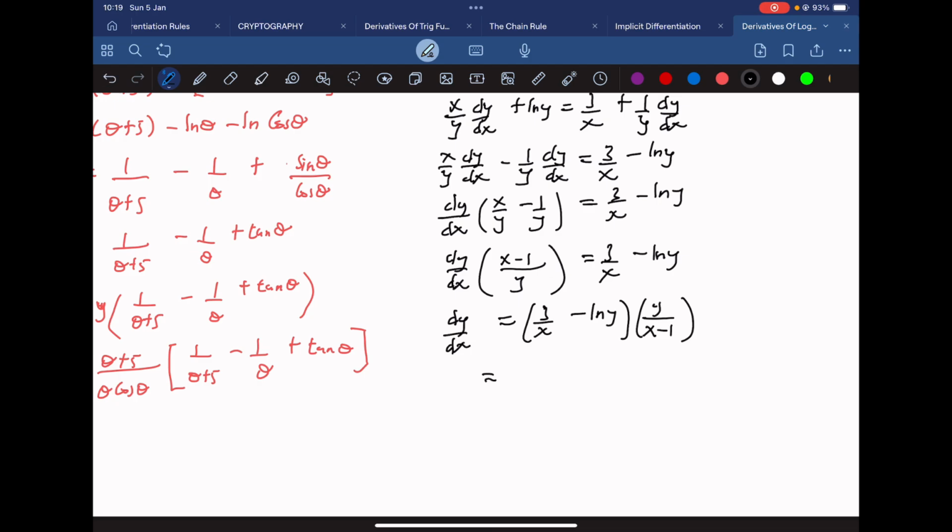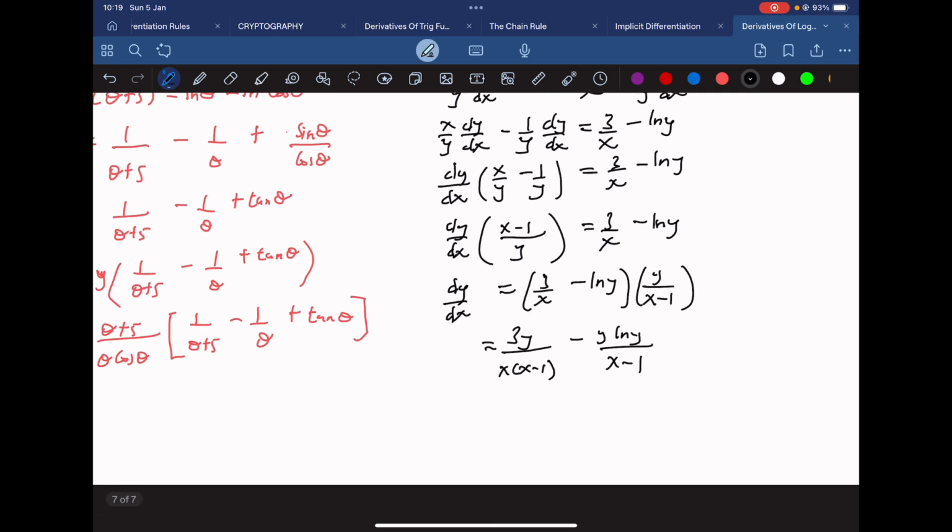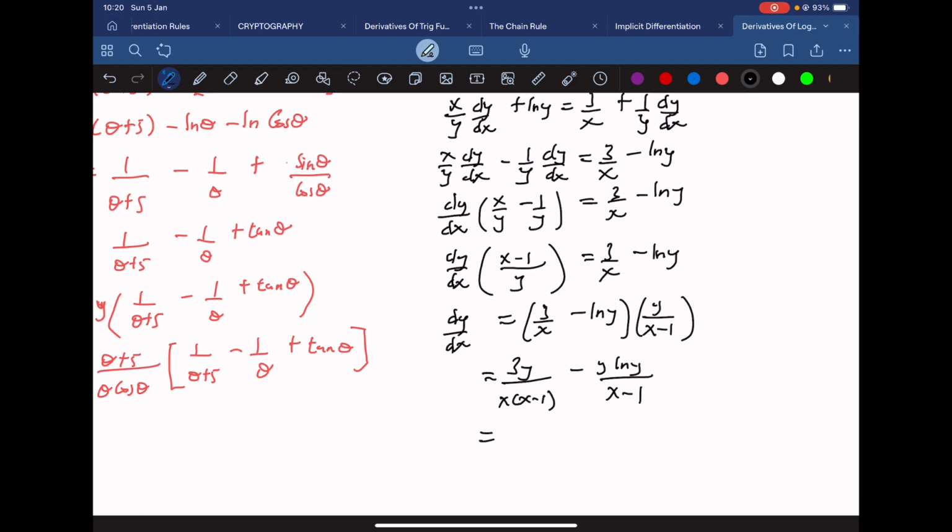So the next thing to do is to just multiply. If you multiply 3 over x by this, you end up getting 3y over x minus 1. And if you multiply ln of y by it, you have y ln of y out of x minus 1. So we can simplify further.